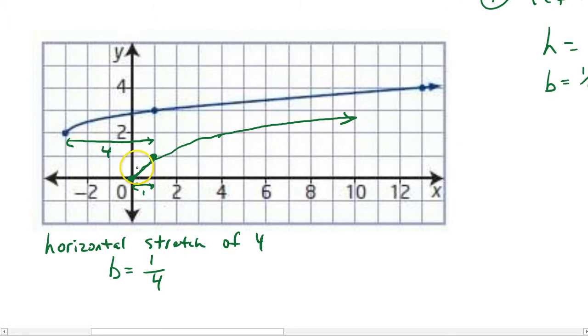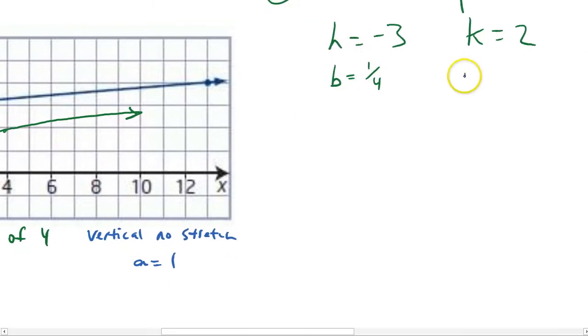Here vertically this is just 1 and this is also just 1. So there has been no vertical stretch. You could call it a vertical stretch of just 1, or I could say no stretch. So my a is equal to 1.